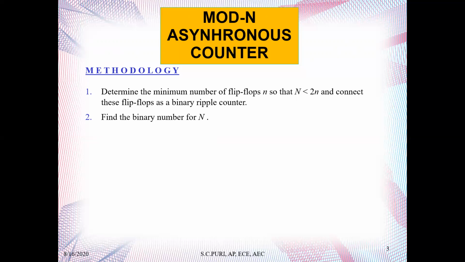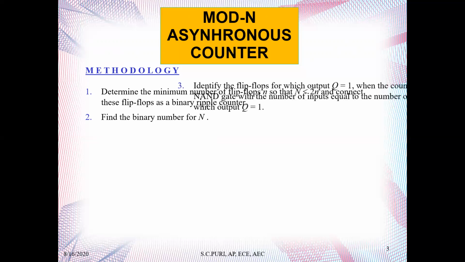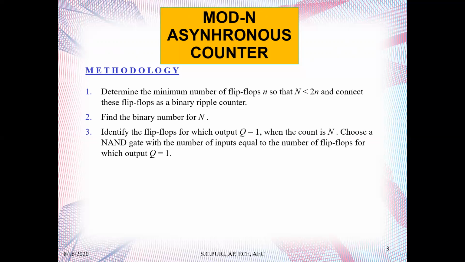Find the binary number for n. Identify the flip-flops for which output Q is equal to 1 when the count is n. Choose the NAND gate with the number of inputs equal to the number of flip-flops for which output Q is equal to 1.